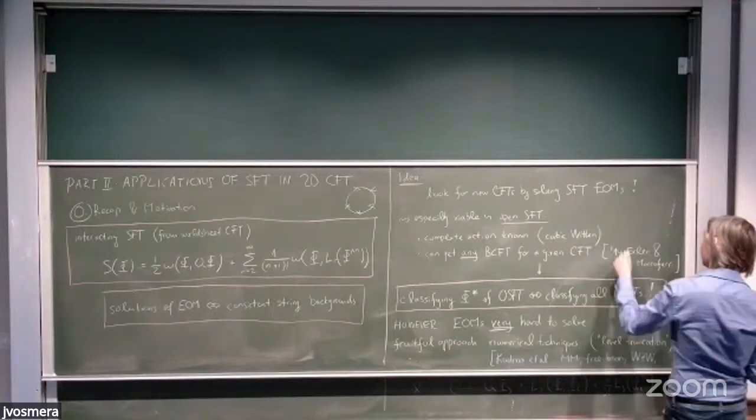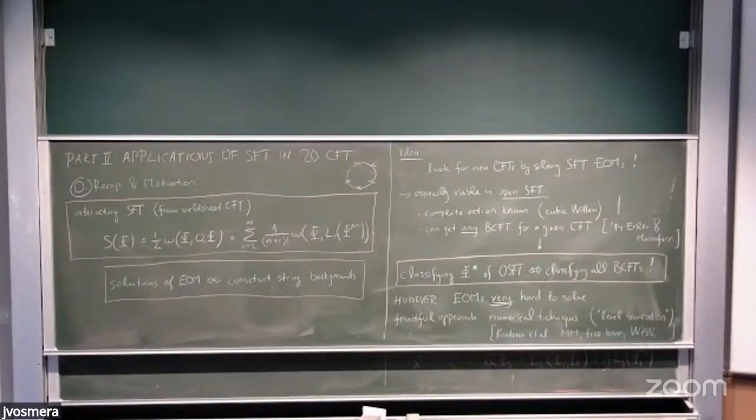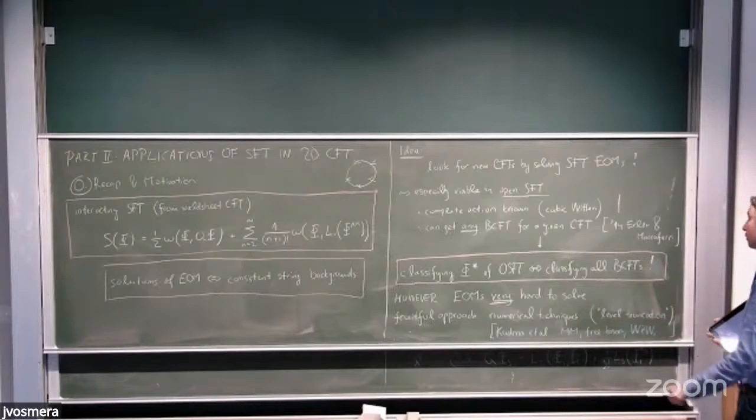As we were discussing during the first two lectures, in the case of open string field theory, in contrast to the closed string field theory, we have a complete knowledge of the action, that's the cubic Witten action.